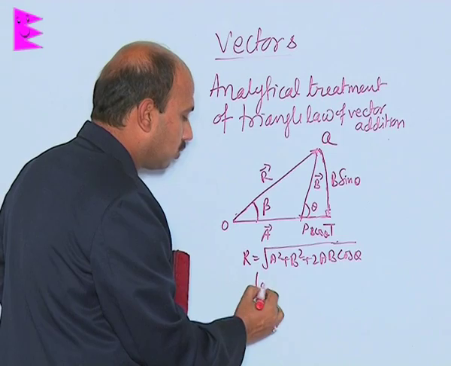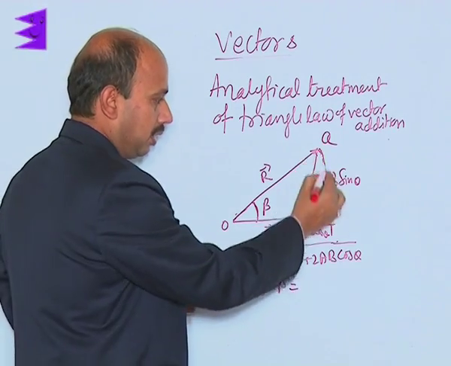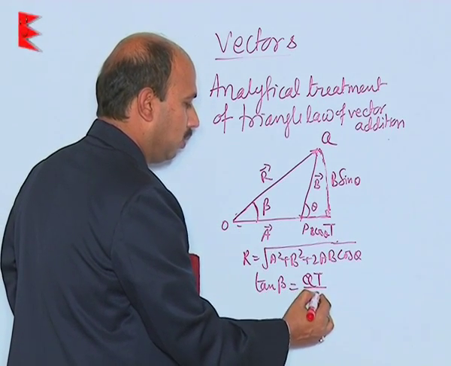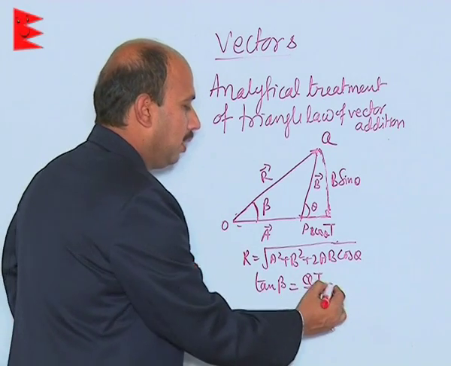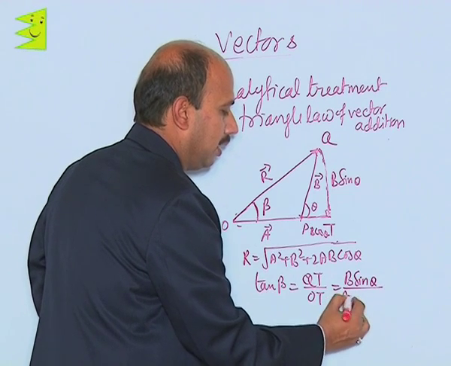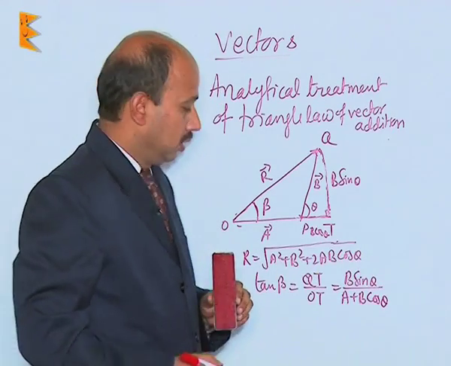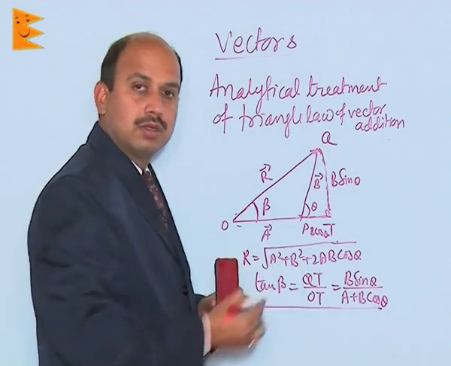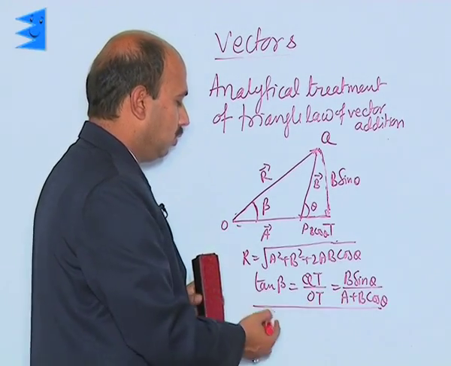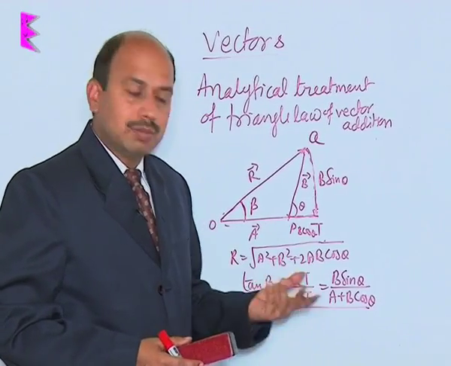So, we can get this also, tan beta is equal to, see the triangle, QT divided by OT, that will be B sin theta divided by A plus B cos theta. So, from here, by putting all these values you can get the value of beta, but here you will have to take the help of the trigonometric table.